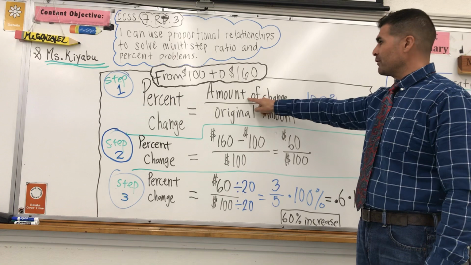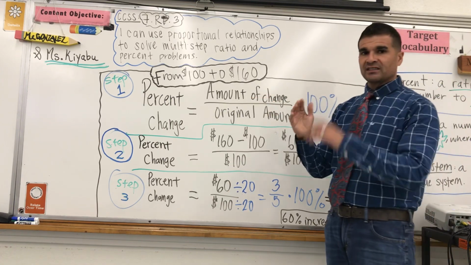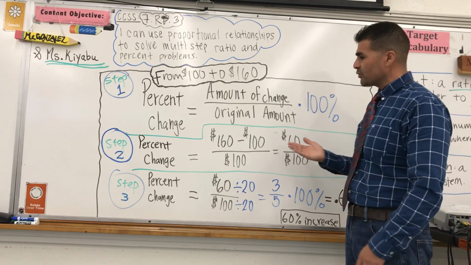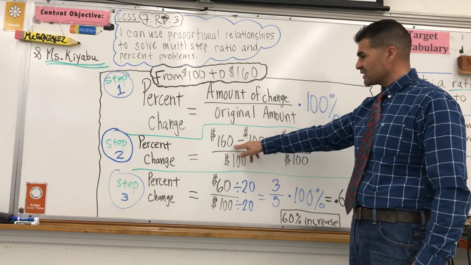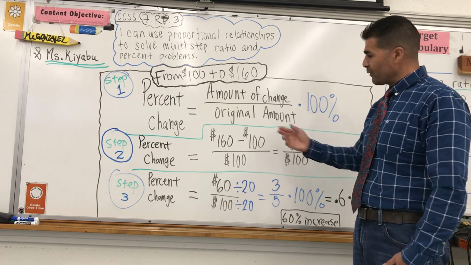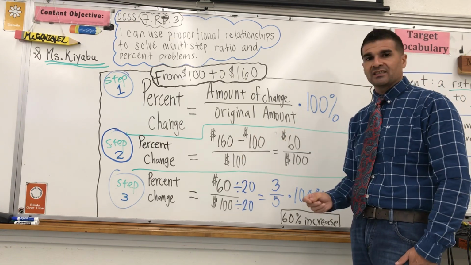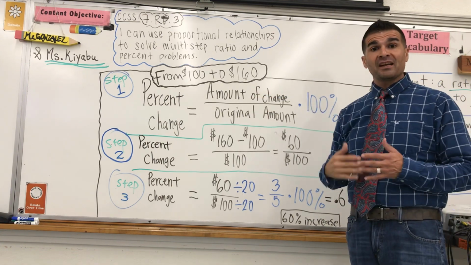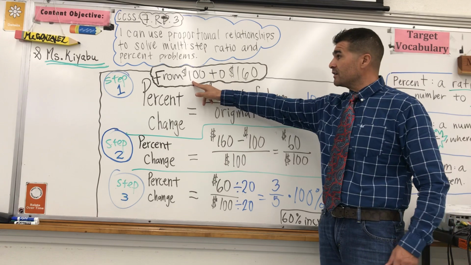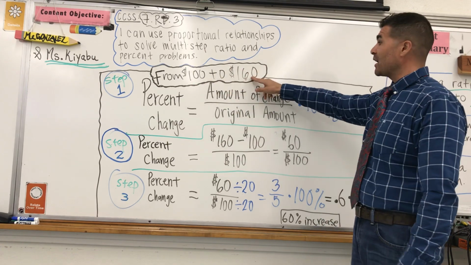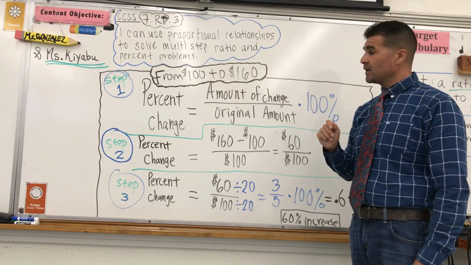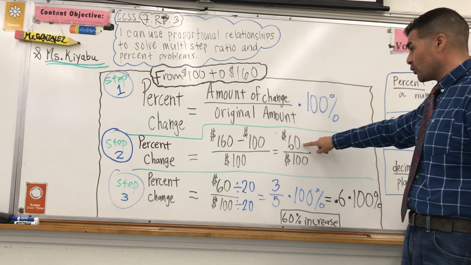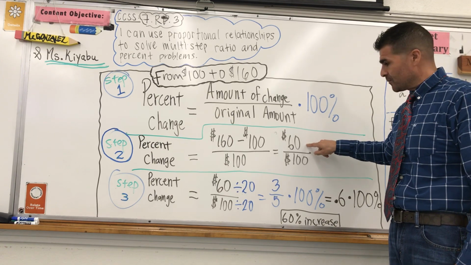The amount of change is the difference between $100 and $160, so we subtract 160 minus 100. That's going to be the money that we changed when we started from $100 and went up to $160. So $160 minus $100 is a total of $60 changed.